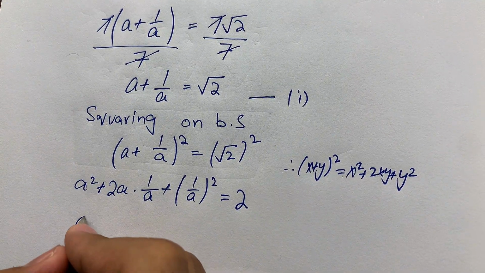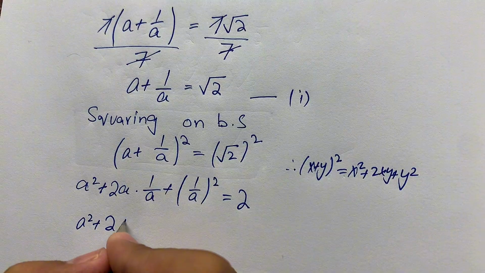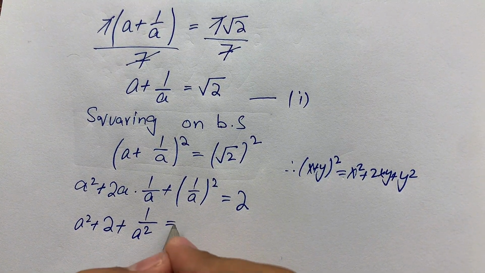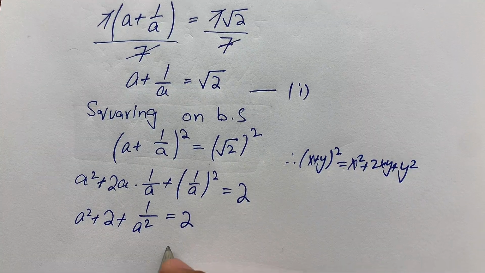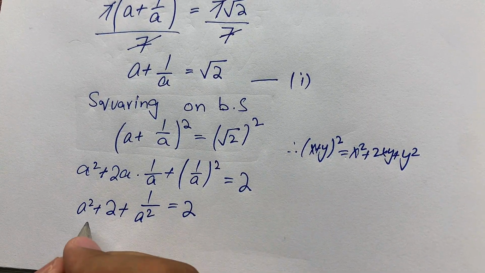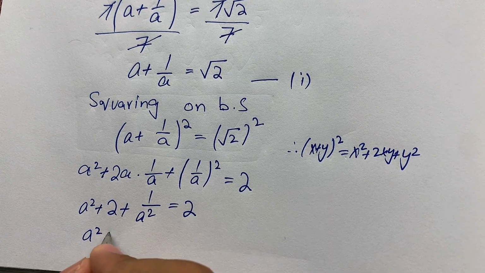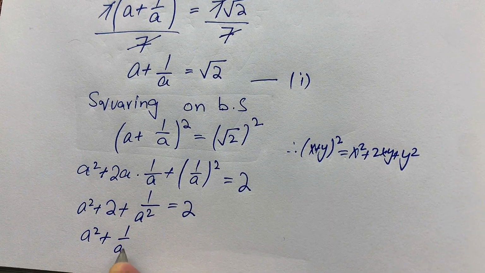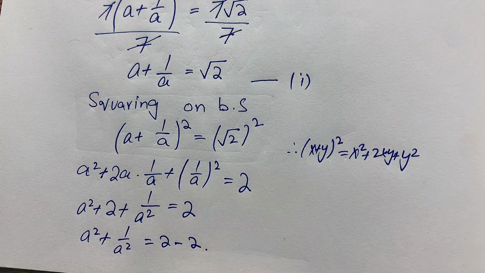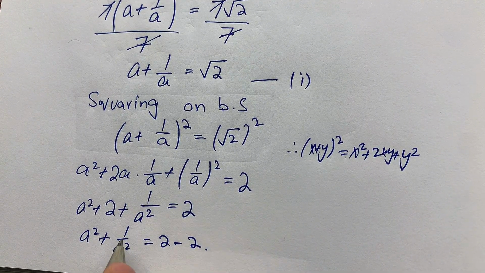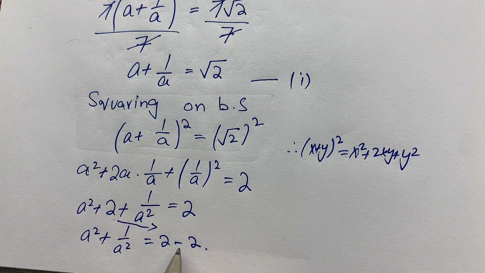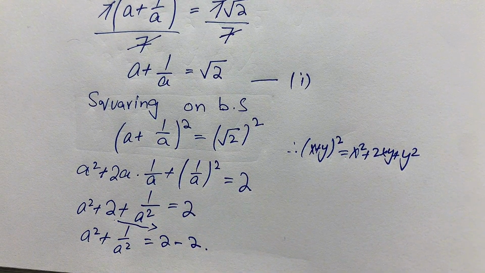Now a square plus 2 plus 1 divided by a square is equal to 2, and this will be a square plus 1 divided by a square is equal to 2 minus 2. In this step, this will move to this side and be converted into minus.